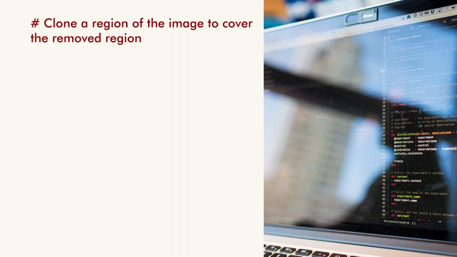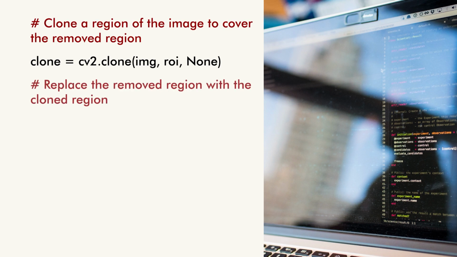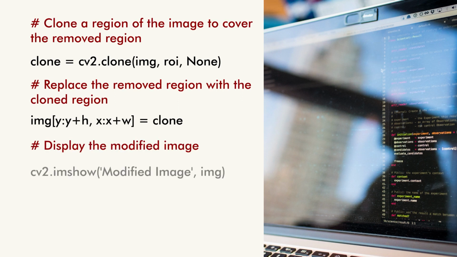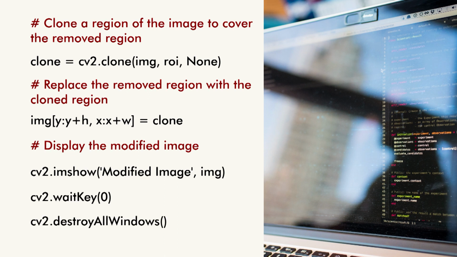Then take a clone of that particular region of the image to cover the removed region, and replace the removed region with the cloned region. Then display the modified image, and we can compare it with the original image by the imshow function.